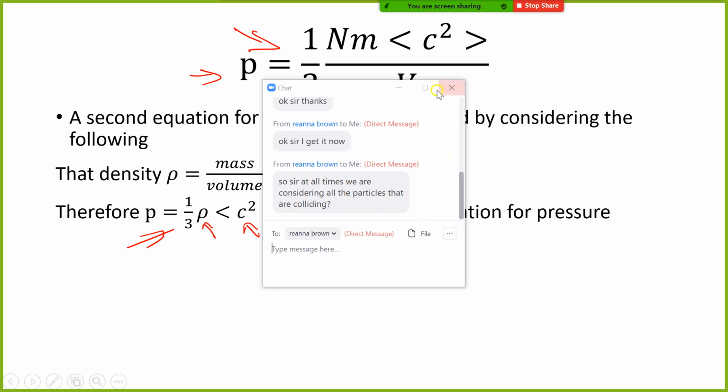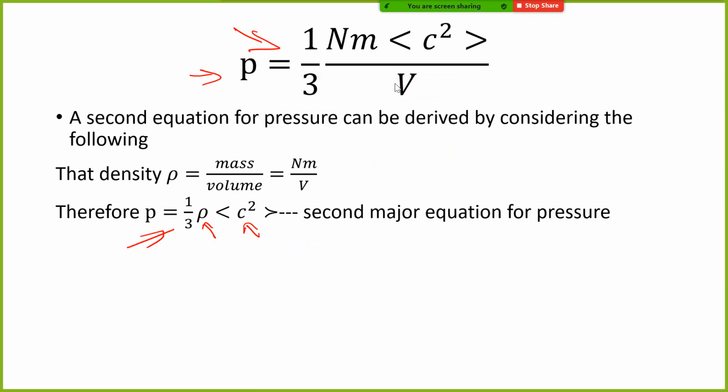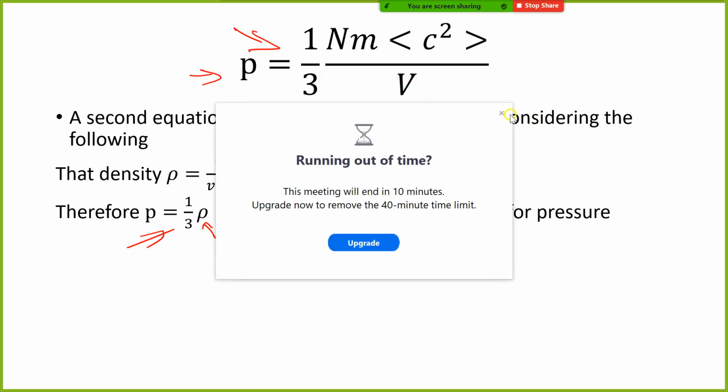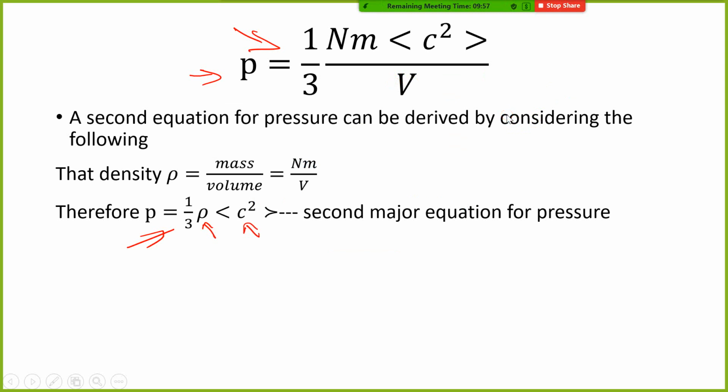Yes, we are considering all the particles, because all of those particles add up to give you that total pressure. So when we try to find that density, we can't just single out the mass of one particle.